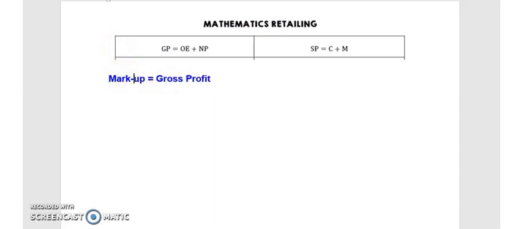So if you look at this formula, here is GP, gross profit. In this formula you have markup. So remember these 2 points, GP and markup are the same. In this formula you have operating expenses but you don't have cost. But in this formula you have cost but you don't have operating expenses. When we run a business, we need to include operating expenses.